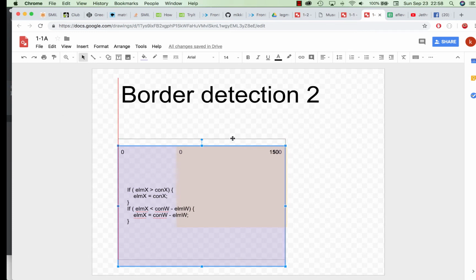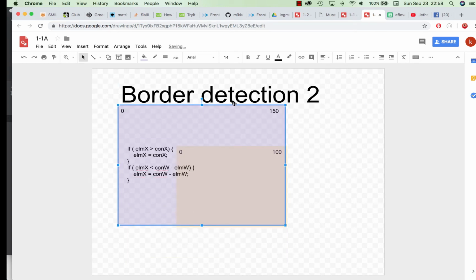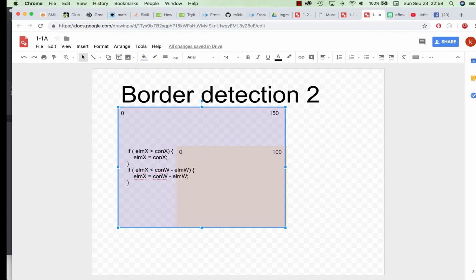Or we can have the other way round, the element's y that's coming above the bottom position, like this, so that we want to reposition it on the bottom position. In either case, we can duplicate the code we already made and exchange the x's with the y and the width with an h for the height, because both directions work using the same principle.